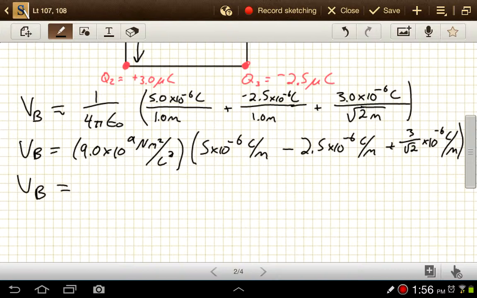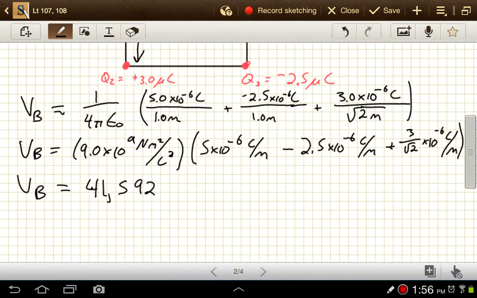And let me just double check here. 5 times 10 to the negative 6, 2.5 times 10 to the negative 6, and 3 over square root 2 times 10 to the negative 6. Okay, so our potential at this point is 41,592, and that is Newton meters, one factor of meters will cancel out there.